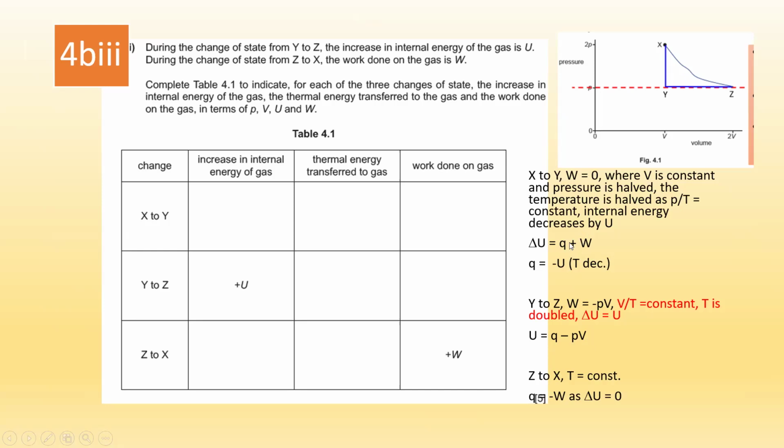So your Q equals minus W. So there is work done by the gas. And fill in the table. Can anything not clear? Okay. They don't want to see your working lah. They just want your answer lah. But you have to have the working there before you can get the answer.